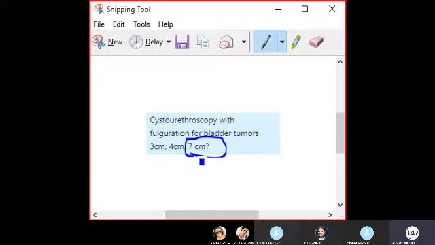Multiple bladder tumors fulgurated in one encounter, at that time we need to choose the highest centimeter code. So what is the answer now? 52240. Please make a note: if multiple bladder tumors are fulgurated, go with the highest centimeter. Please remember that. 52240 is the answer.